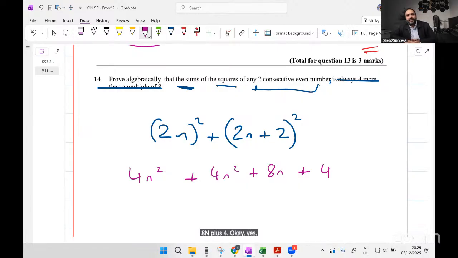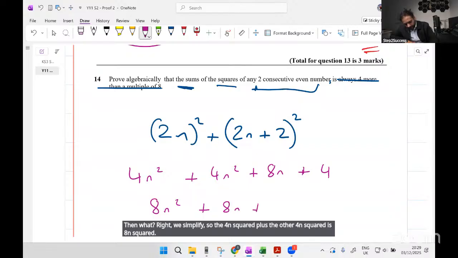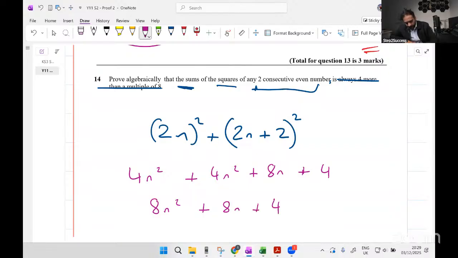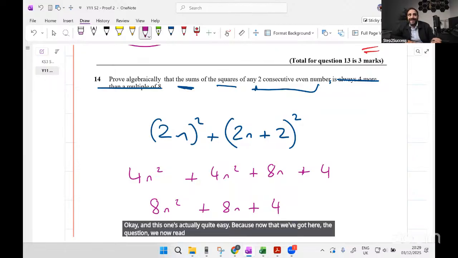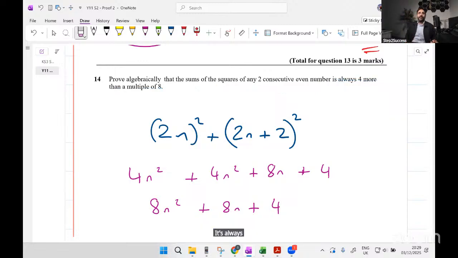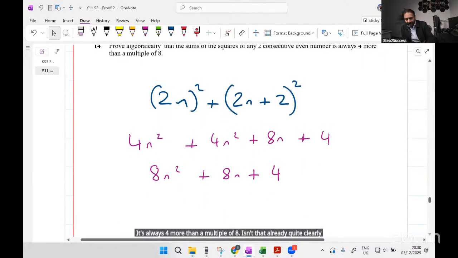Then what? Right, we simplify. So the 4n squared plus the other 4n squared is 8n squared. And this one's actually quite easy. Because now that we've got here, we read the bit after the "is", which I crossed out. It's always four more than a multiple of eight. Isn't that already quite clearly four more than a multiple of eight?